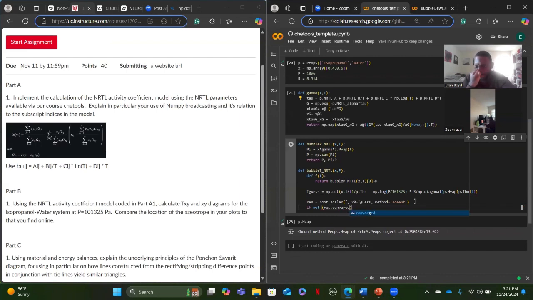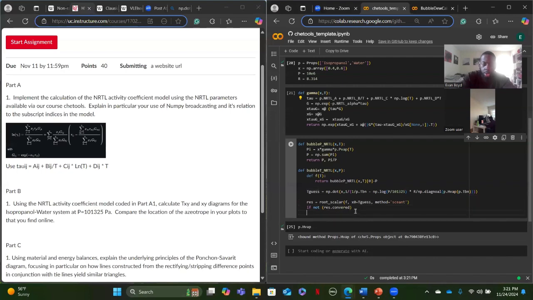This is just so we can make sure that our root scalar converges. And then if not, it would let us know that it doesn't converge. So if not, return fail, and then for not res, return fail.